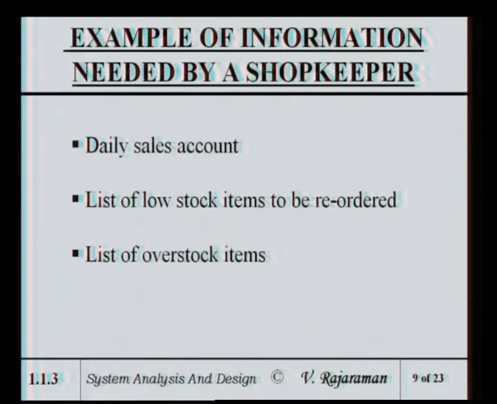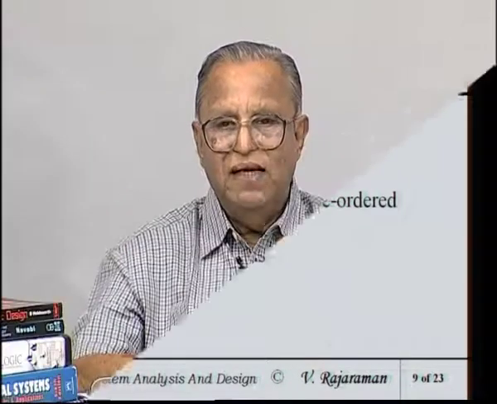There are shops which are run by a single person, there are shops which are huge supermarkets, and there are different types of shops: medical shops, provision stores, cloth shops, and so on. But by and large, all shops have some common functions.